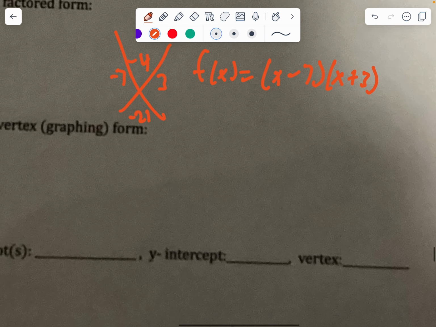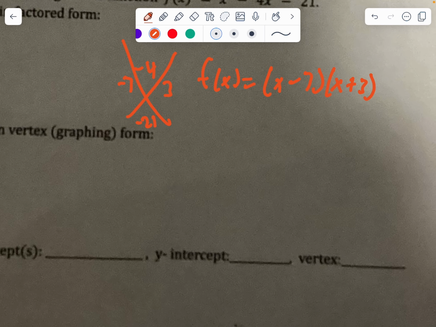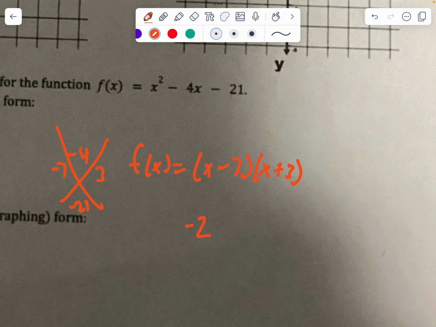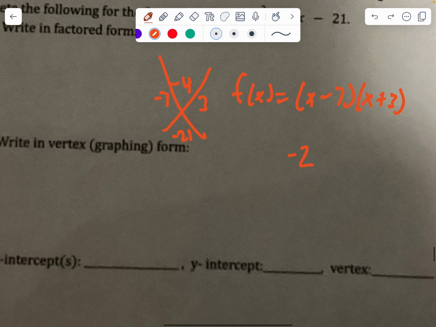I'm going to average the intercepts, because I already have the intercepts. So the number in between is going to be negative 2. Plug negative 2 into the original one. Negative 2 squared is 4 plus 8 is 12. 12 minus 21 is negative 9.